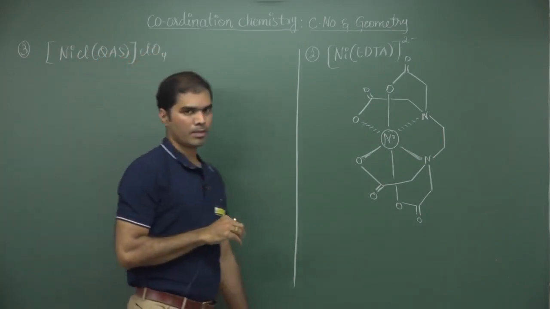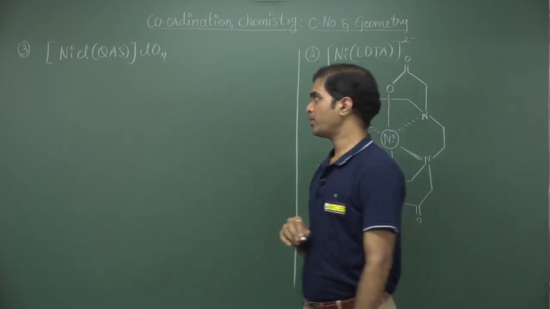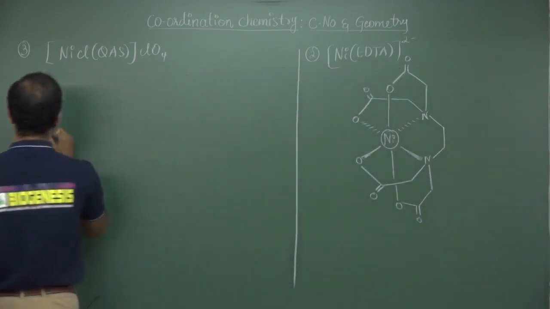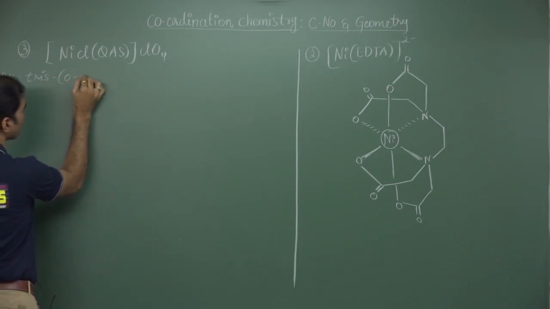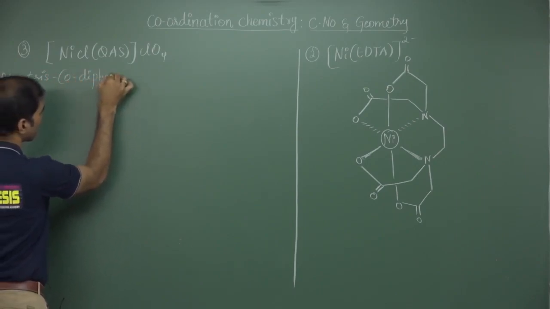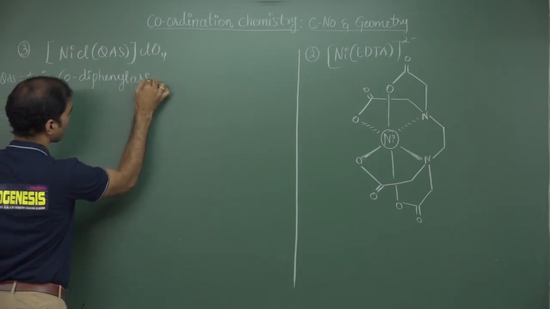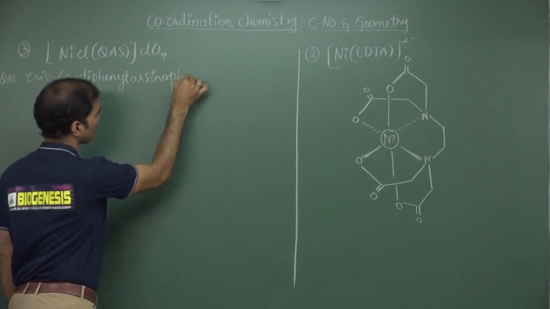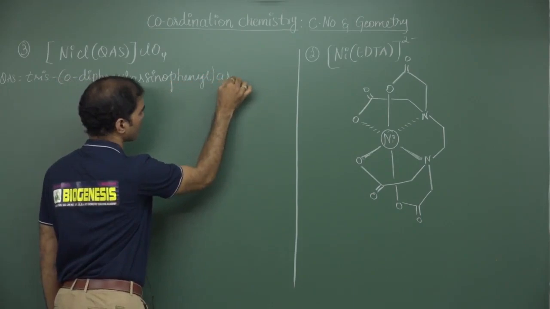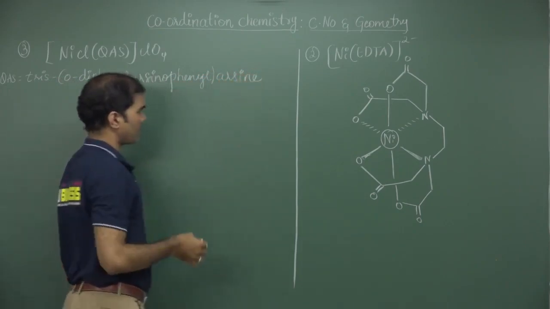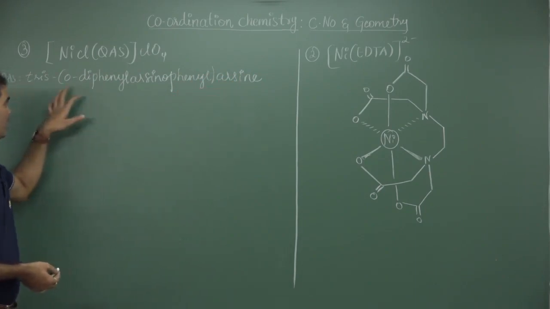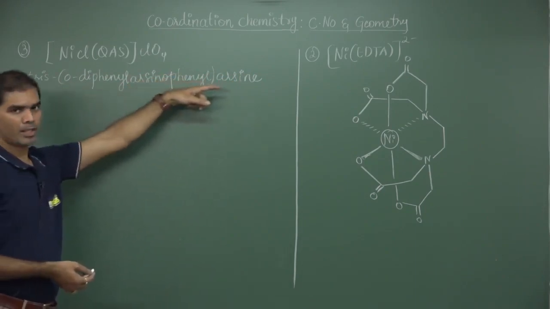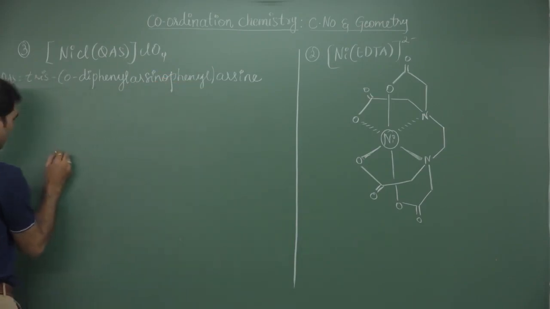Nickel chlorine, chlorine is one of the ligands, and QAS is another ligand. This QAS is an arsenic ligand. Altogether there will be 4 arsenic in it. Tris orthodiphenyl arsenophenyl arsine. First of all, I am giving you the ligand.